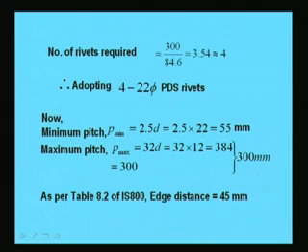So, from this we have to find a suitable pitch distance. As per table 8.2 of IS 800, the edge distance will become 45. So, with this we can find out the gauge distance and other dimensions. So, let us use some gauge distance G. Either we can do through trial as we have done in the earlier case, or if we assume the gauge distance G we can find out from the equilibrium equation.